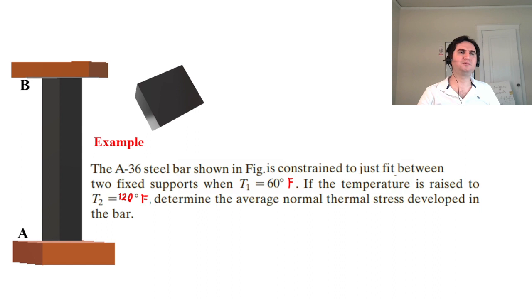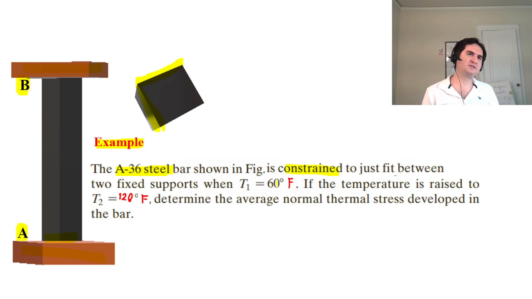Let's put it in an example to verify. Just consider we have a column with a square cross section. So it's a cube in 3D and a square in 2D, supported by two fixed supports at A and B. The material is A36 steel and is constrained between two fixed supports at the bottom and its top.